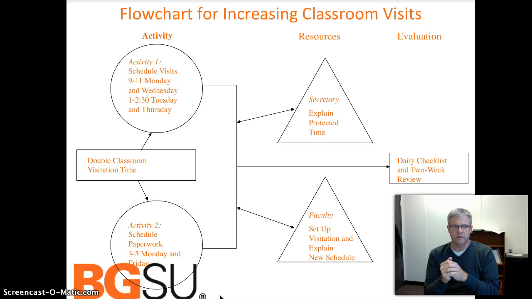So these ideas of that idea of evaluation as well. So here you see activities. This is scheduling visits and doing those kinds of things, and then the resources. You got your secretary to understand that this is protected time.